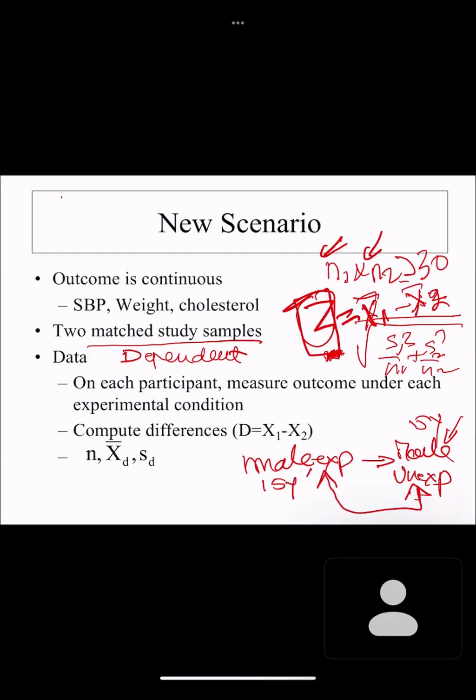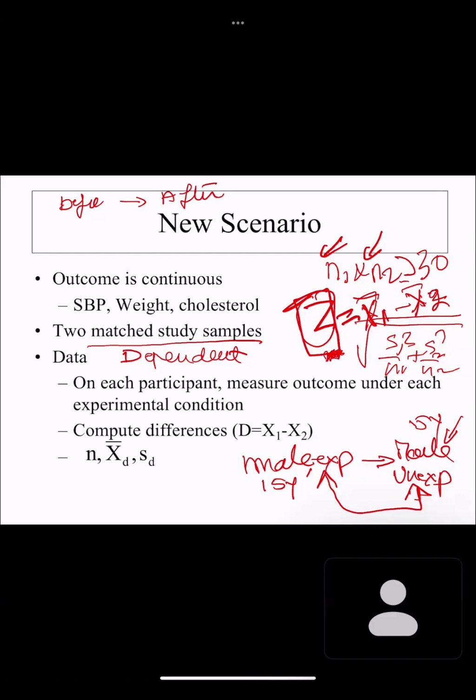So before and after. I have an N1 and N2, but those N1 and N2 are the same. It's the same group of people I take measurements on. I do my intervention, and when I'm done, I measure their blood pressure. So the two measurements are not independent, they are dependent.